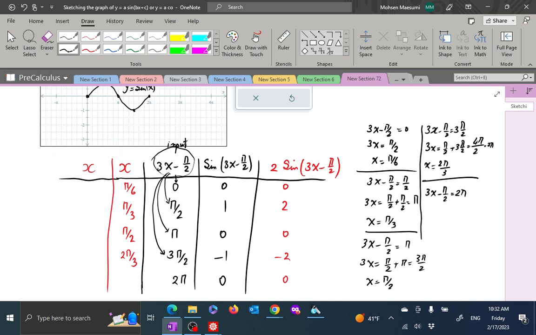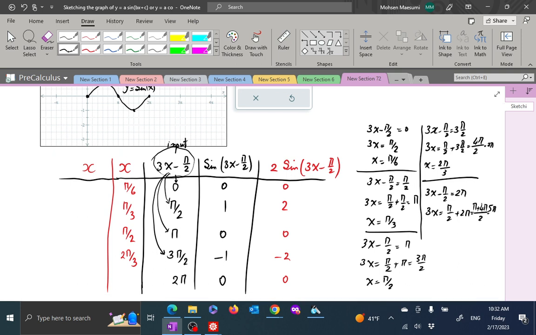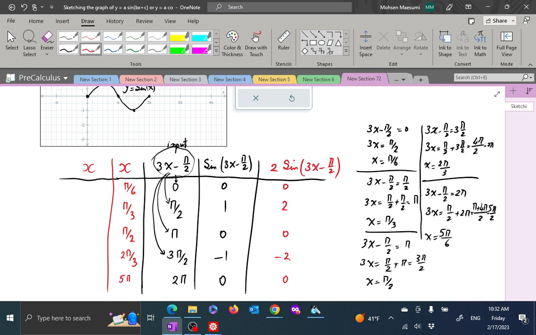So it's called parametric style. Let me write it like this so that everybody is comfortable with it. Pi half plus 2 pi. Take common denominator: pi plus 4 pi. So this is 5 pi over 2. So x becomes 5 pi over 6. So that is our last number, 5 pi over 6.